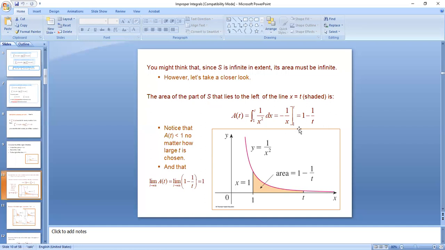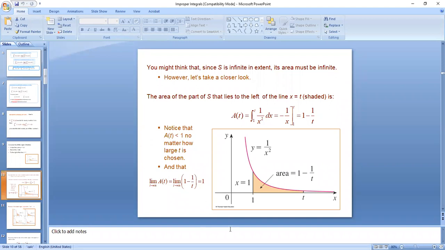To finish the evaluation of the improper integral, which is originally from 1 to infinity, you evaluate the limit of this as t approaches infinity. If we evaluate the limit of 1 minus 1 over t as t approaches infinity, the answer is 1.